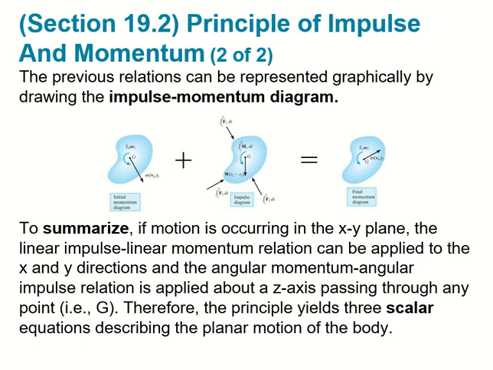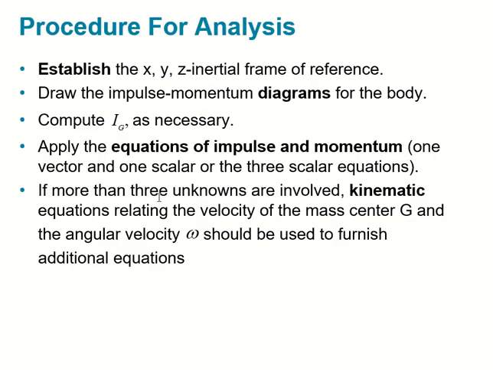Velocity has a direction. All right, procedure for analysis, we'll just read through this. Here is a procedure for analysis, and we usually study with the XYZ axes, and we draw the diagram. For momentum and impulse, you always have to deal with the mass, because without the mass, there's no body.